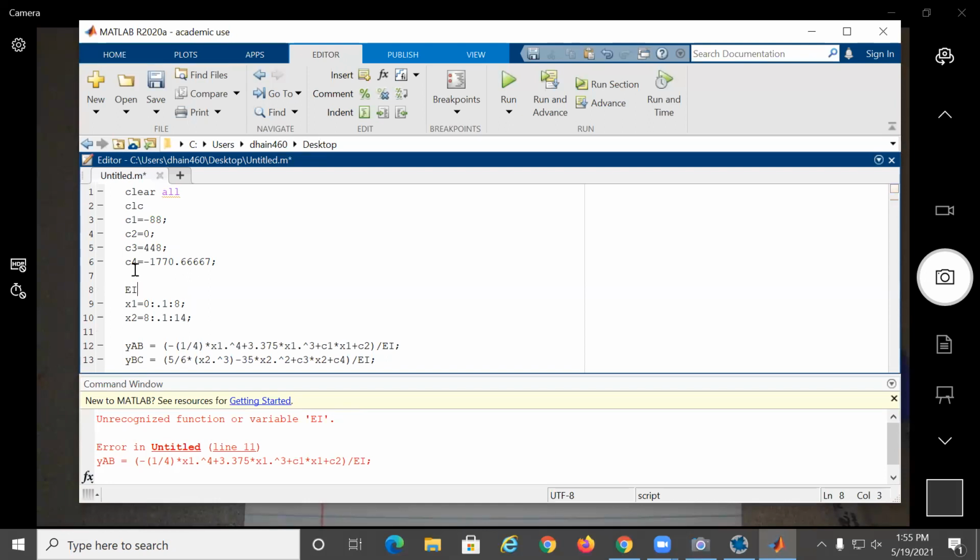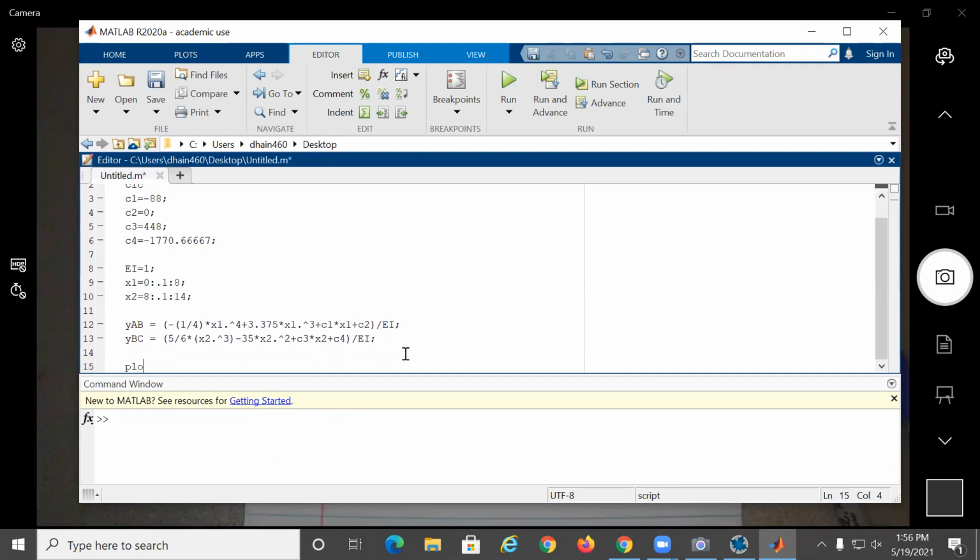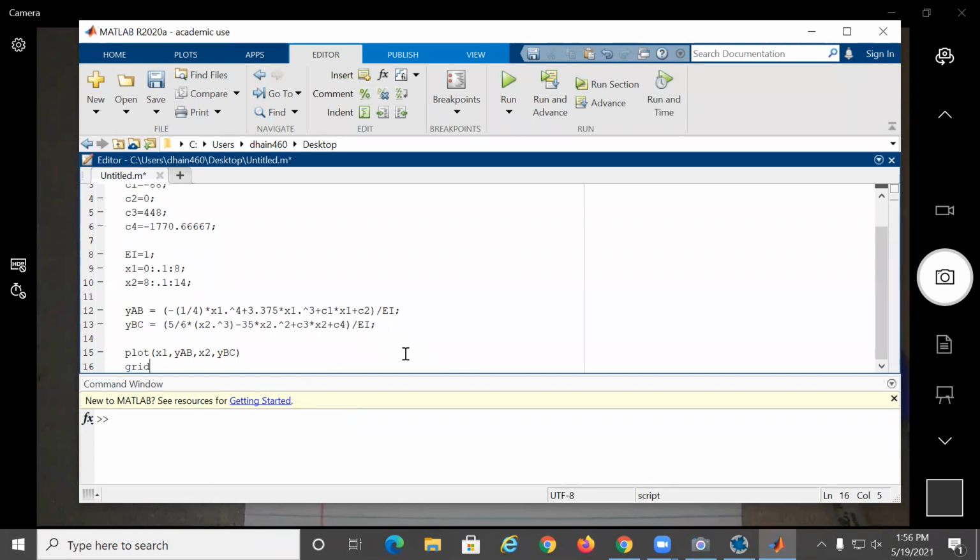Let's do a simplification. I mean, EI for simplicity, let's say is equal to 1. We'll run it. Okay, no error. So now we can maybe go and plot it. So let's say plot x1, YAB, and x2, YBC. I like to put the grid on personally.